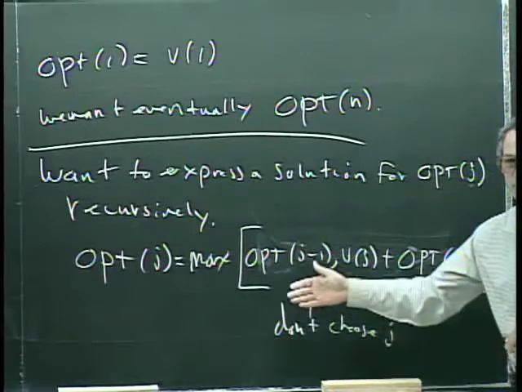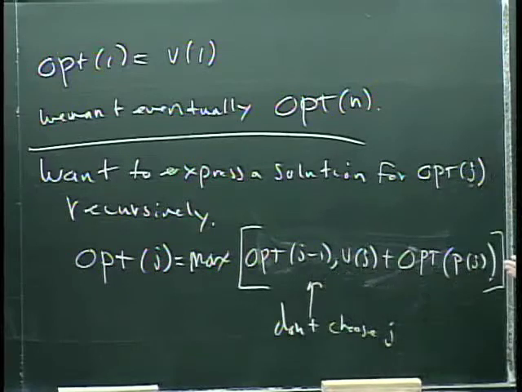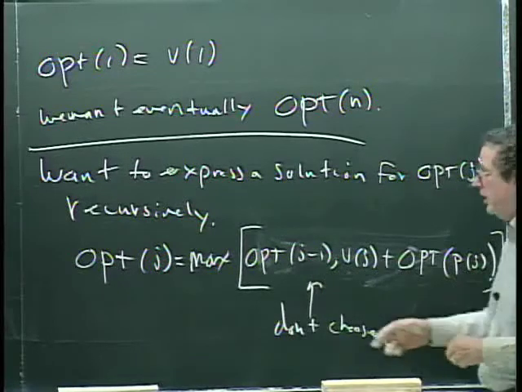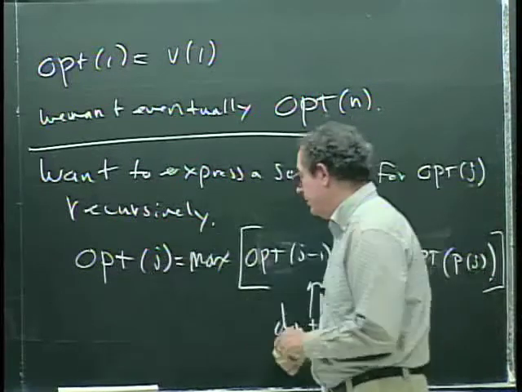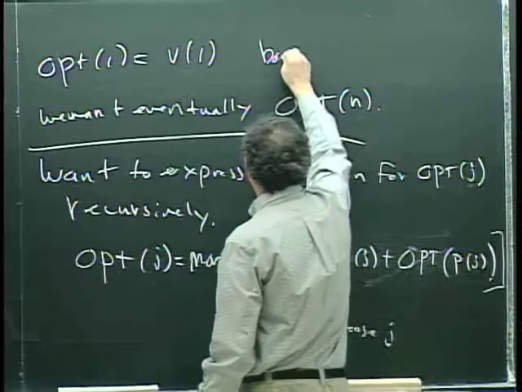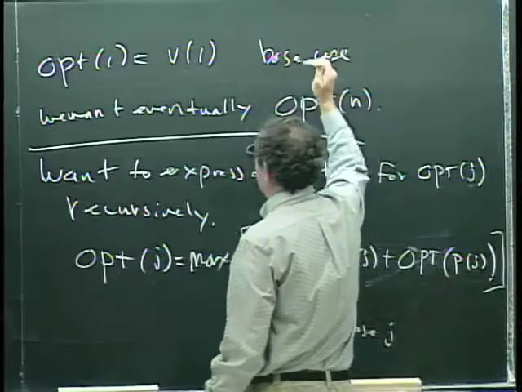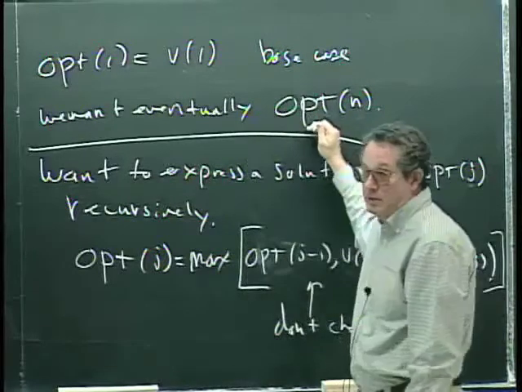Okay, so now we have this recursive expression for what opt of j is, and we know what we want is opt of n. We already have the base case. So we've got a base case, we have a general recurrence relation, and we know where we're going to eventually.